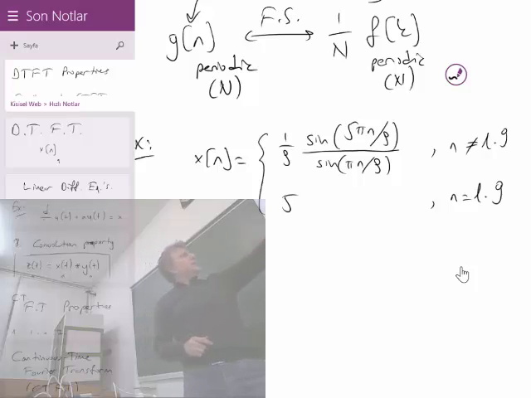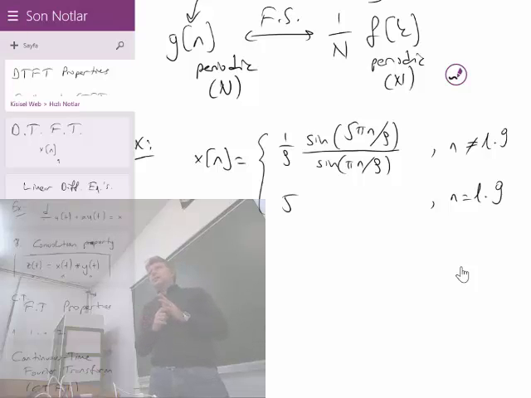I'm writing the second term separately because if you say n is equal to 0 or an integer multiple of 9, then the denominator, this sine, will become a 0. And the numerator will also become a 0. So it will be a 0 over 0 ambiguity for the DC.